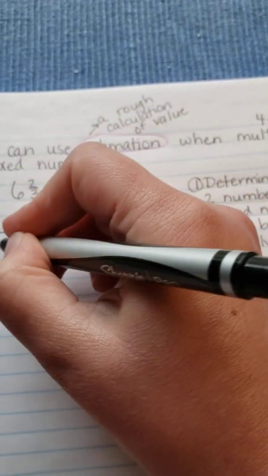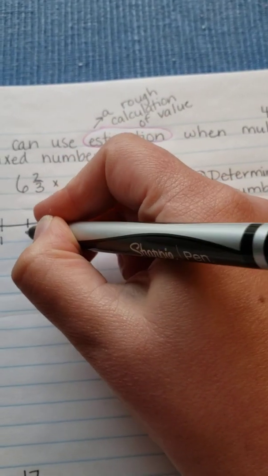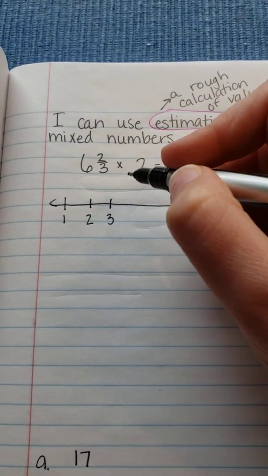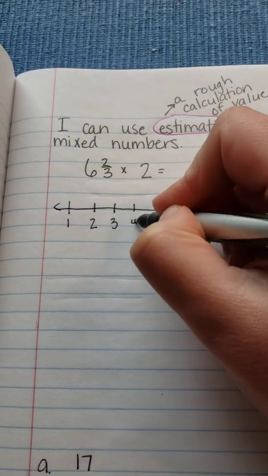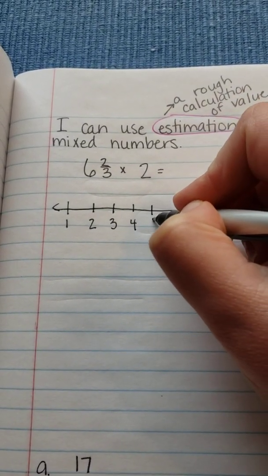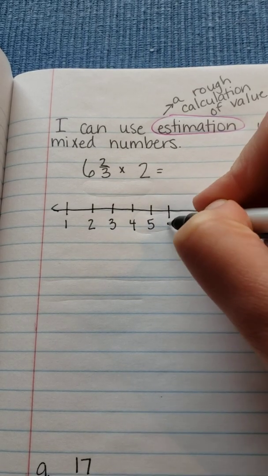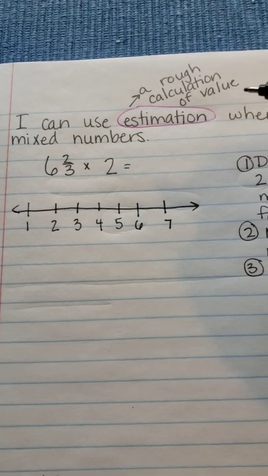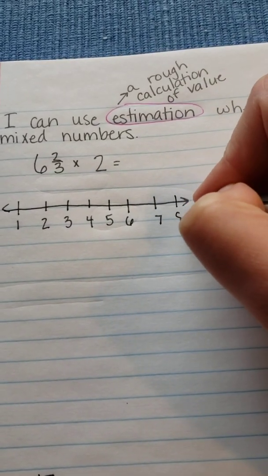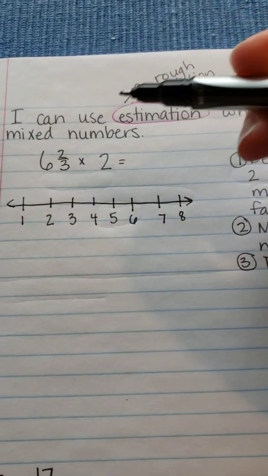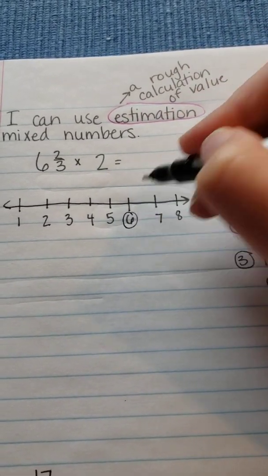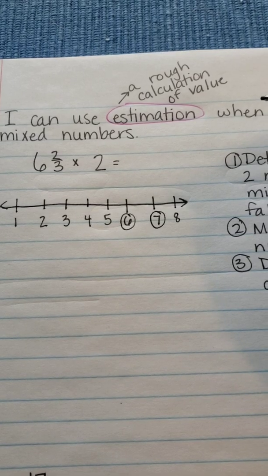So we have 1, 2, 3, 4, 5, 6, and 7. Okay, so we know that 6 2/3 falls somewhere between 6 and 7.